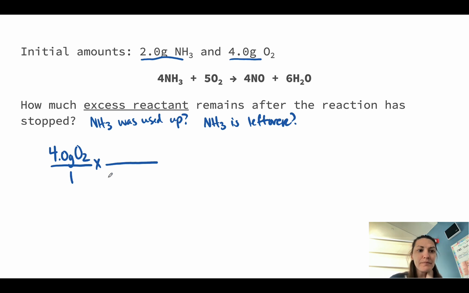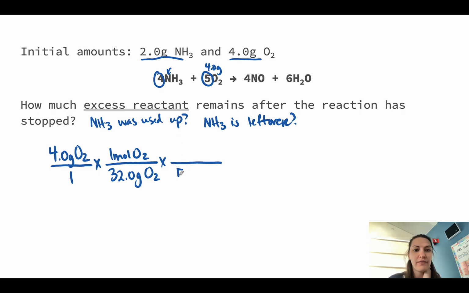So I'm going to convert my grams of oxygen, which is the 4.0 grams of oxygen, to grams of NH3. We'll start by converting to moles. I'm using my molar mass to do that. And then what's my mole relationship? Well, it's 5 moles of O2 to 4 moles of NH3. Okay. And then the last step is converting from moles to grams using my mole map.